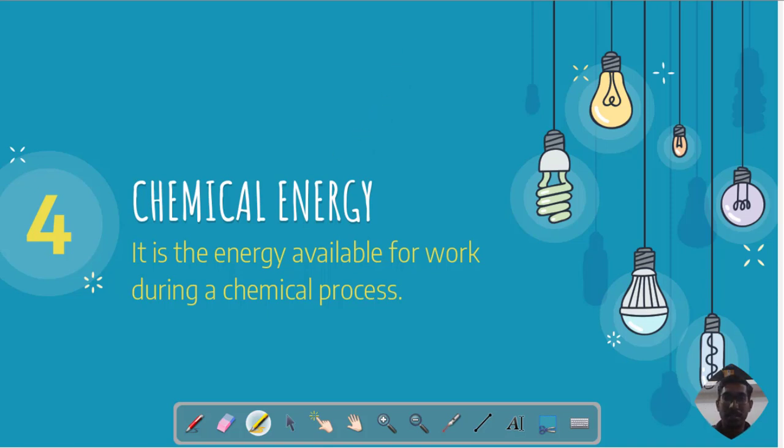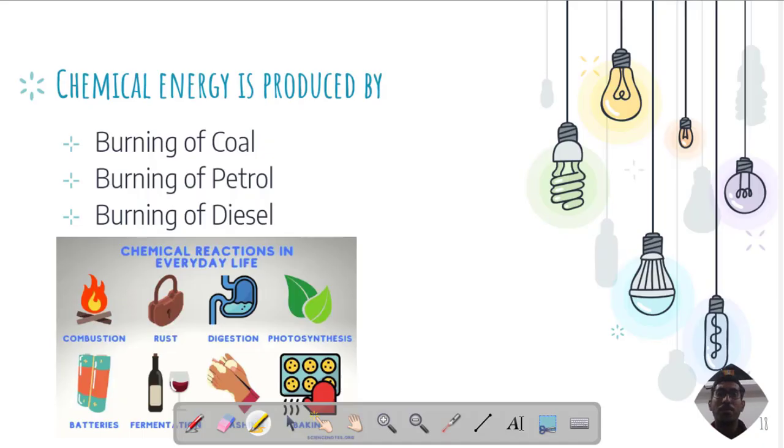So now, boys and girls, there are various chemical processes in the world. For example, when you burn coal, when you burn petrol, when you burn diesel, and in our daily lives we use wood in our tandoors, it is known as combustion. Rusting on metals is due to oxidation. Very good.